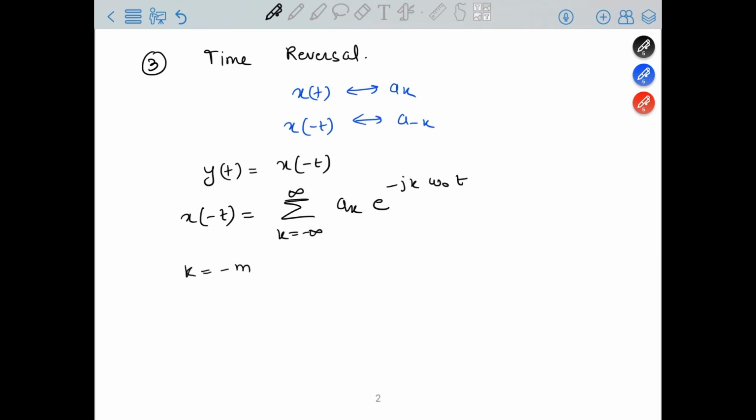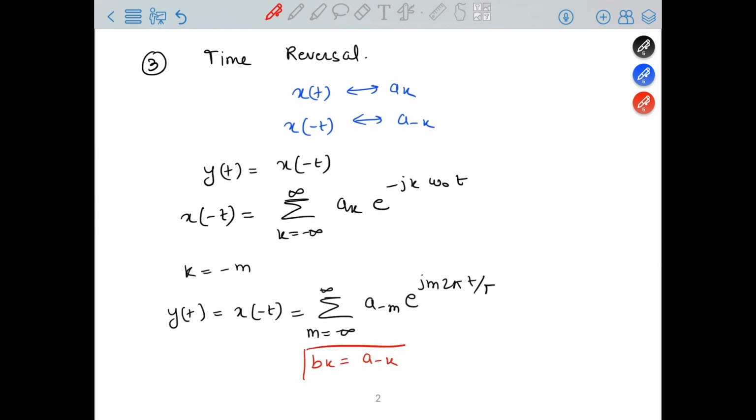Then what we will get is the Fourier series representation of x of minus t, which equals summation m equals minus infinity to infinity a of minus m e raised to the power j m 2 pi t over T. So, this implies that b k will be a of minus k, and that we have seen. So, this is the property of time reversal.